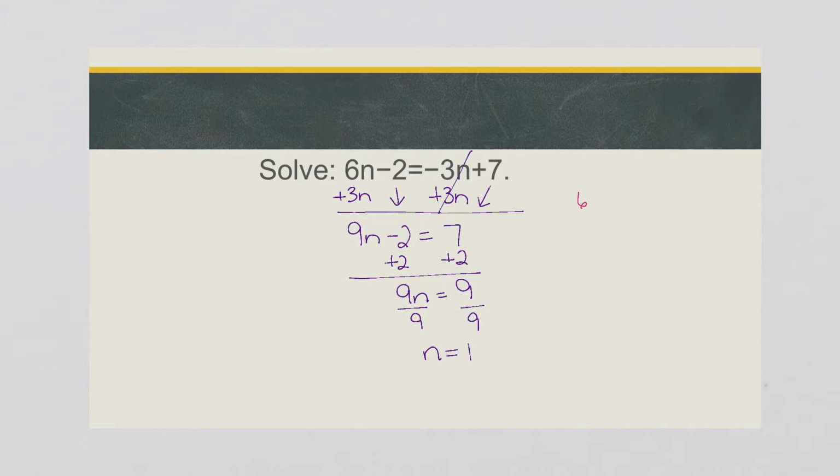So I've got 6 times 1 minus 2, is that equal to negative 3 times 1 plus 7? 6 times 1 is 6. Negative 3 times 1 is negative 3. 6 minus 2 is 4. Negative 3 plus 7 is 4. So I know this is right.